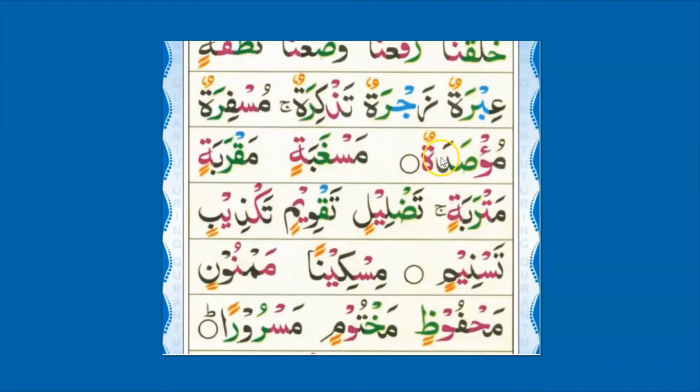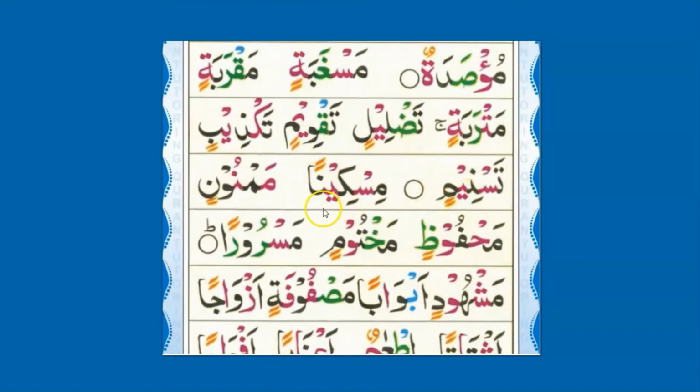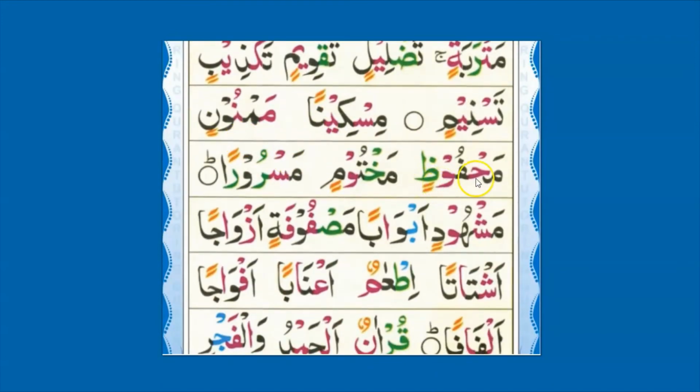So it is muqsadatun, but when we do waqaf, we will be reading it muqsadah. Alright? Masqabatin, maqrabatin, matrabatin, tadlilin, taqweemin, takdhibin, tasneemin, miskinan, ma'mnunin, mahfudin, makhtumin, masruran, waqaf, masrura.